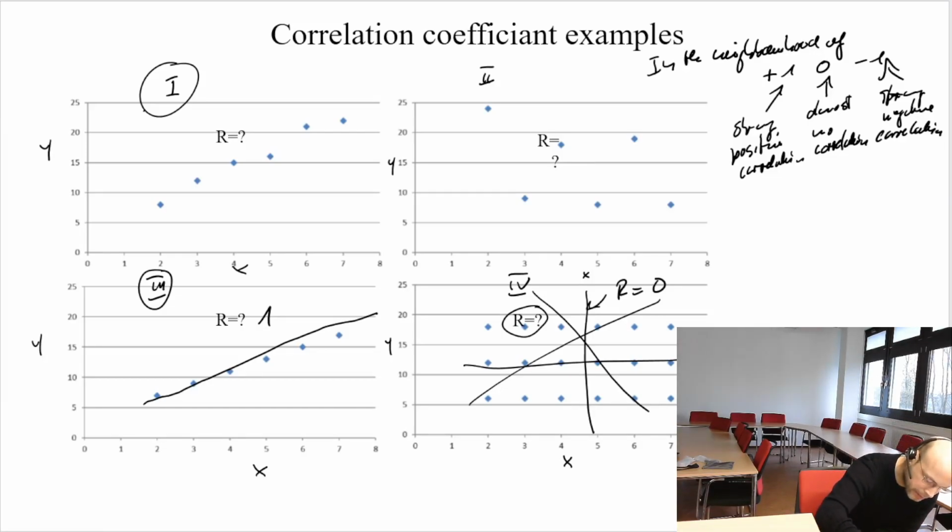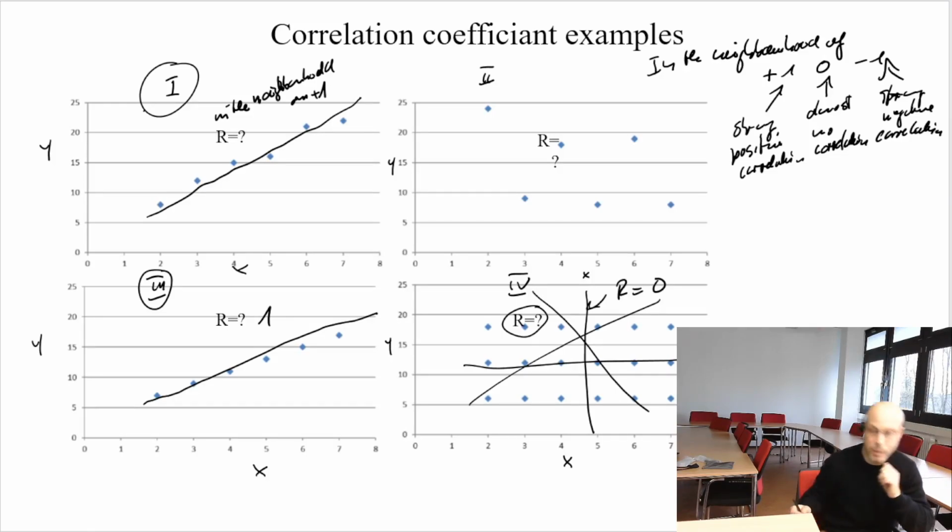Because here more or less we can fit something like this as a regression line, and then we can say, yeah, all data points are quite close to our regression line. So in the neighborhood of plus 1. And what do you think in 2?